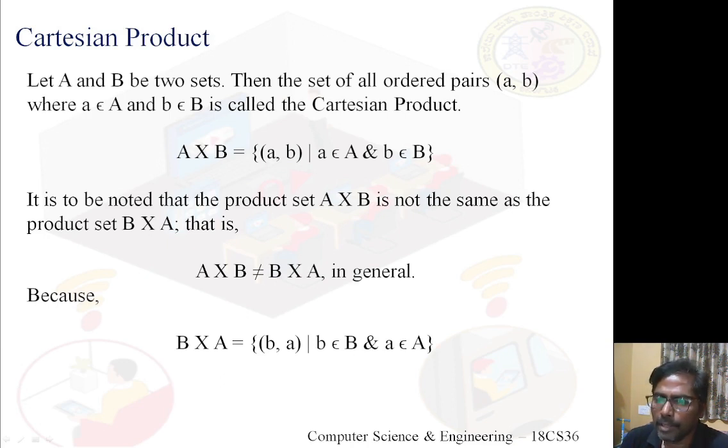Why? Because the cross product B cross A, as you can see on the slide, is nothing but the set of all possible ordered pairs b comma a, where the first element of an ordered pair belongs to the set B, and the second element belongs to set A. So this justifies that the cross product of any two sets need not be commutative.